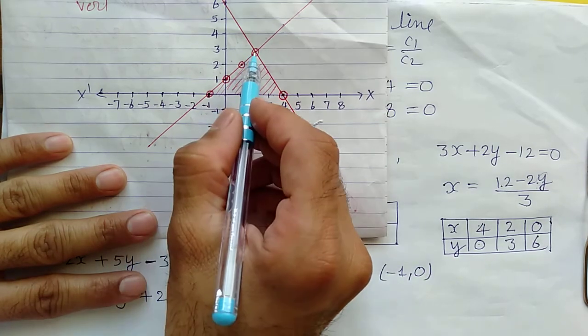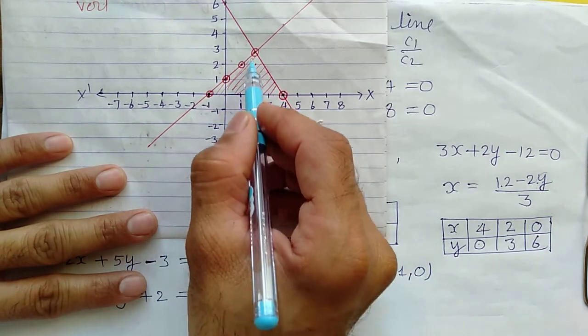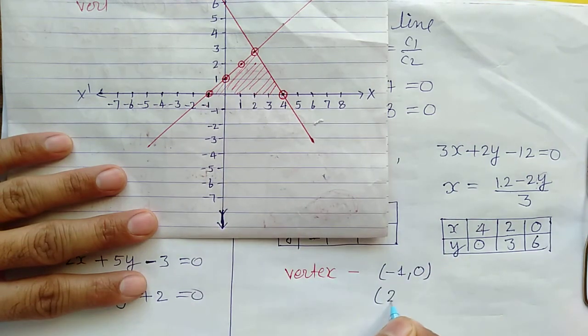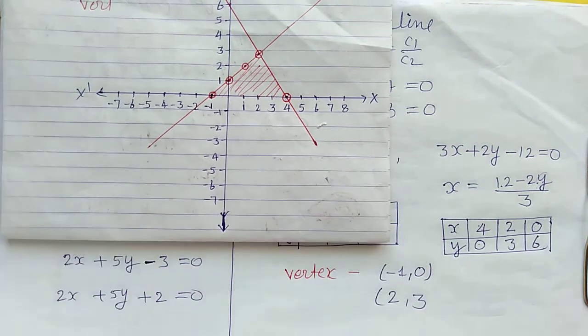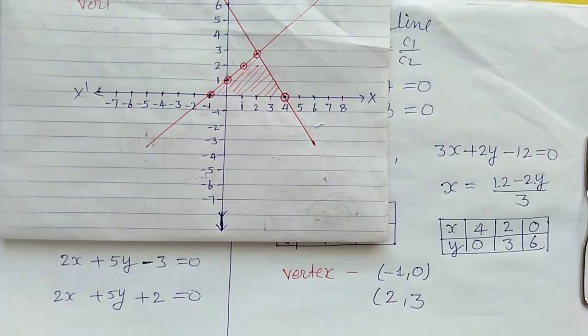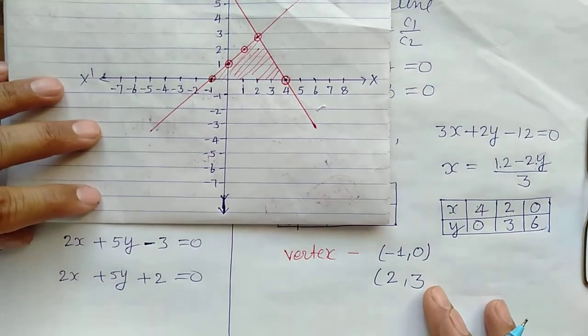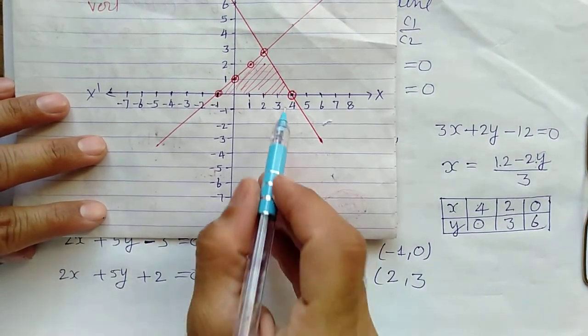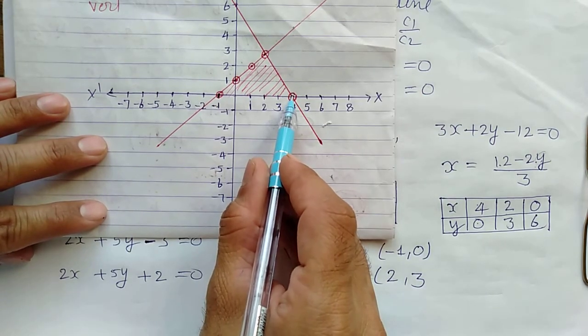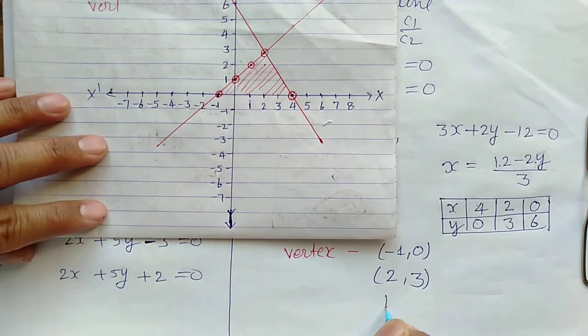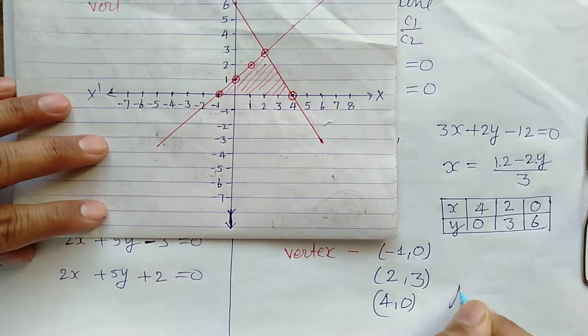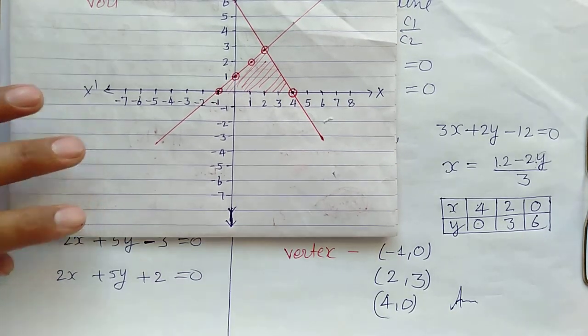The second vertex, this one, you can see 2 and 3. And the last vertex, number 3, that is this one, 4 and 0. This is the solution of this question.